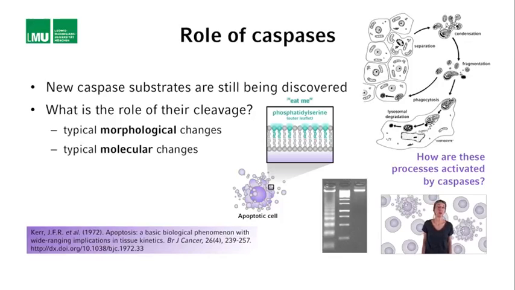One being DNA fragmentation, or the formation of a DNA ladder through the activation of nucleases, and the other being PS flipping, the externalization of phosphatidylserine from the inner to the outer leaflet of the plasma membrane through the activation of a flippase or scramblase. For these two processes, we actually have some mechanistic understanding of how they are activated by caspases. And that's what I would like to tell you about in the next few minutes.